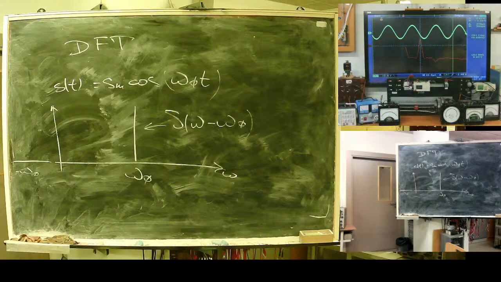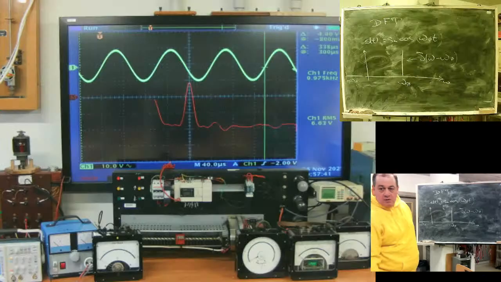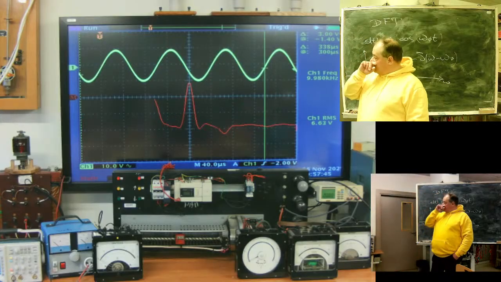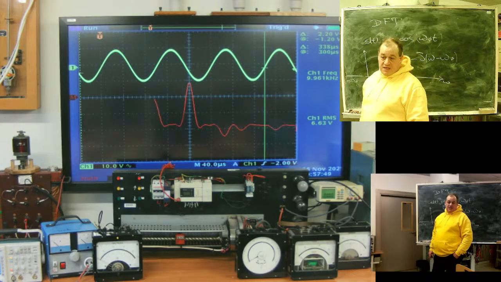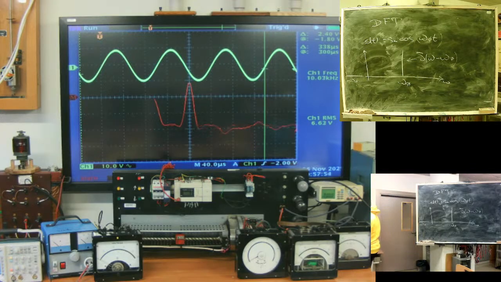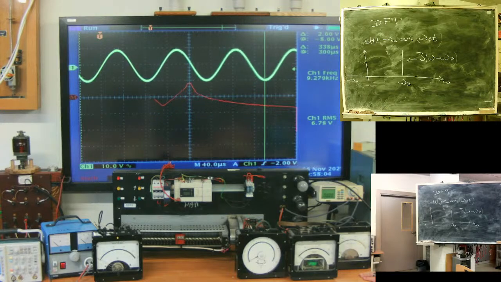One moment, I will switch cameras. The yellow line is the signal in time. The red line is the representation in frequency. It's the result of FFT, an optimized algorithm for DFT. The red line is the result of DFT. I'll change the signal frequency.